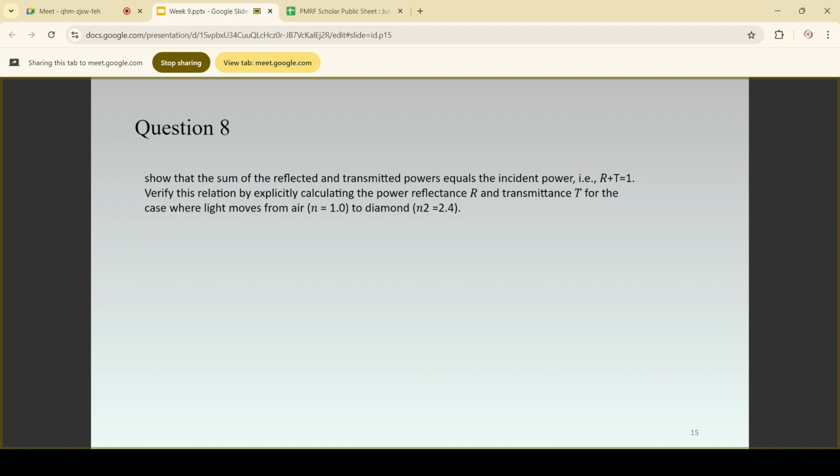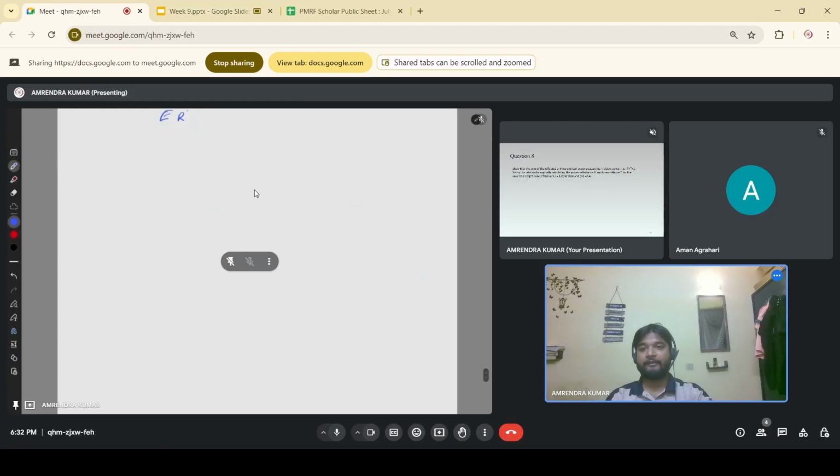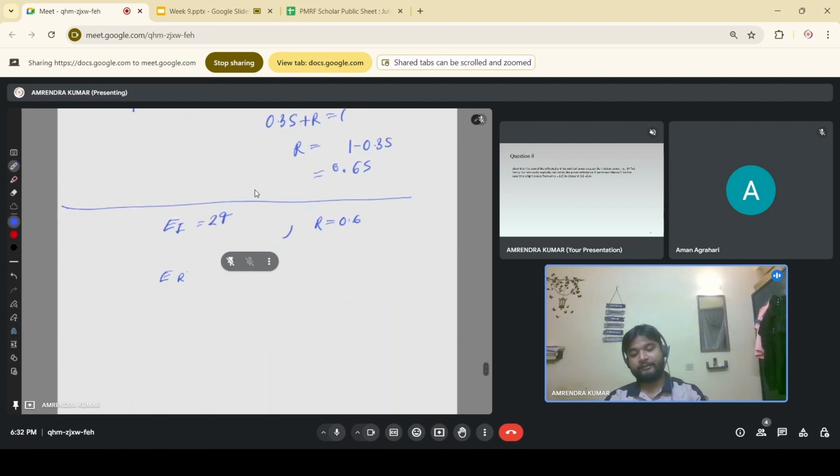So if this is the reflection coefficient, then what does it mean? Reflection coefficient was n2 minus n1 over n2 plus n1 whole square.